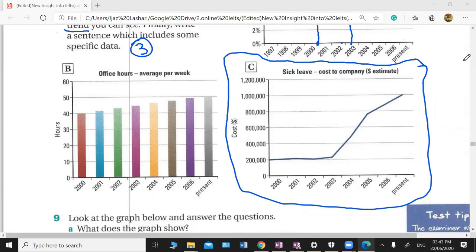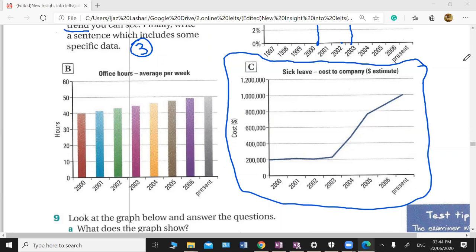So as a whole, the cost of sick leave for the company has risen dramatically. If you compare from 2000 to present, the number is a lot. In 2000 it was just 200,000, and at present it's 1 million. So this is how we can explain it.